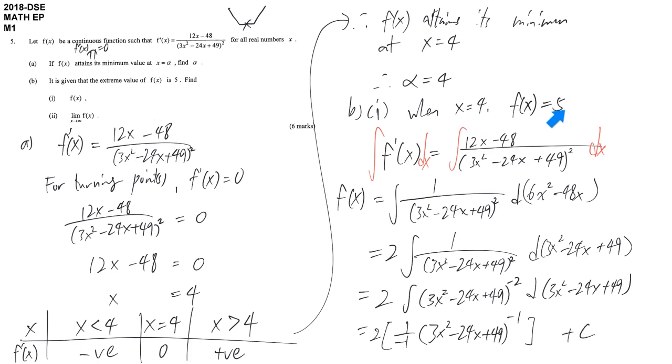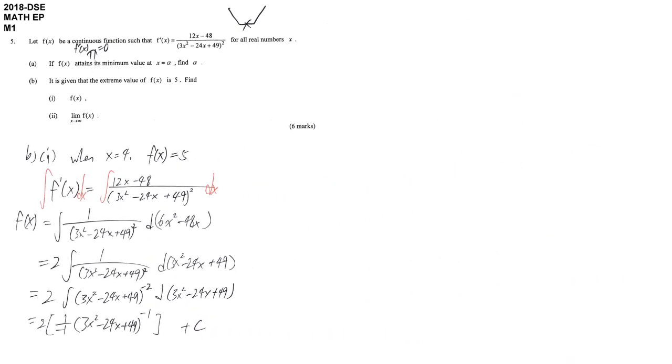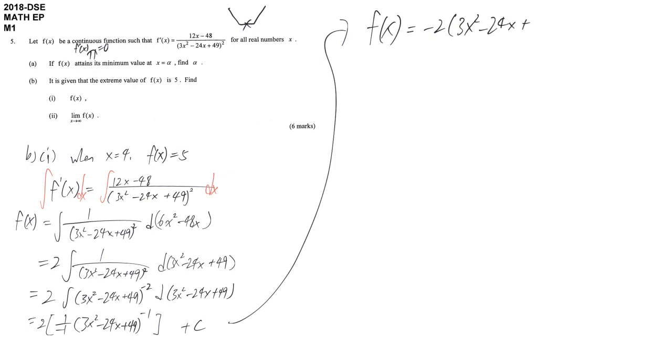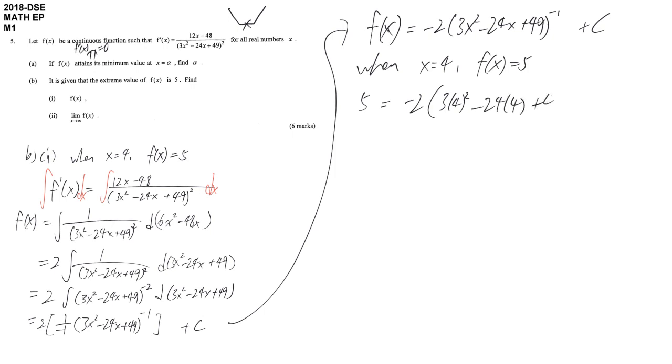And the use of the given specific point is to find the value of c. f(x) is equal to -2, and then now by using the given case when x equals 4, we know the result is equal to 5. So 5 is equal to -2 over 3 times 4 squared... c is equal to 7.